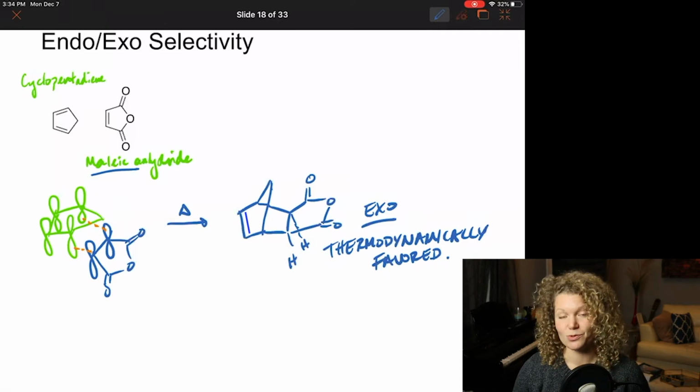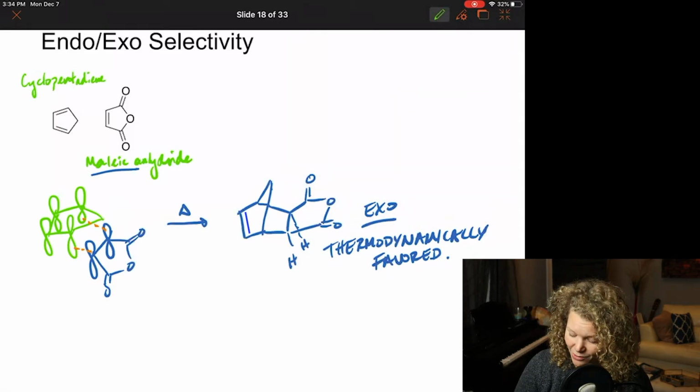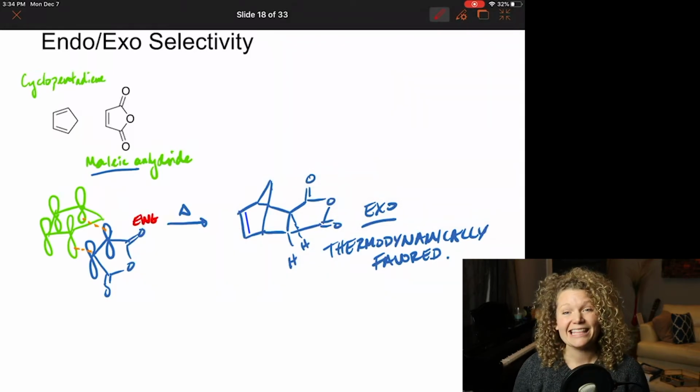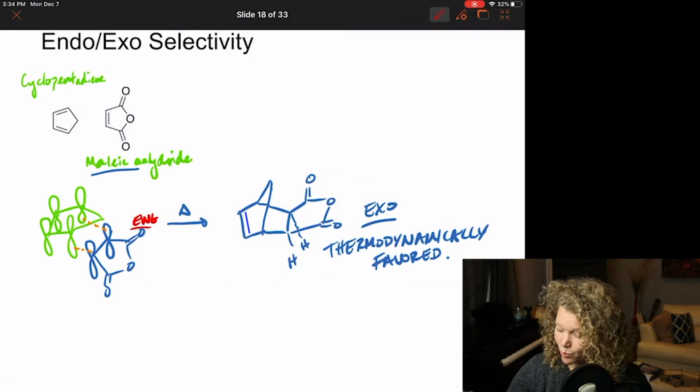Let's see what happens when we have our electron withdrawing groups in the endo position here, which will be directly underneath our diene.